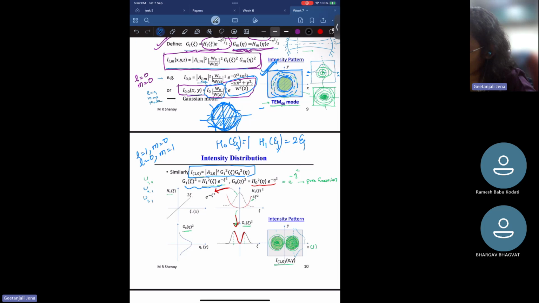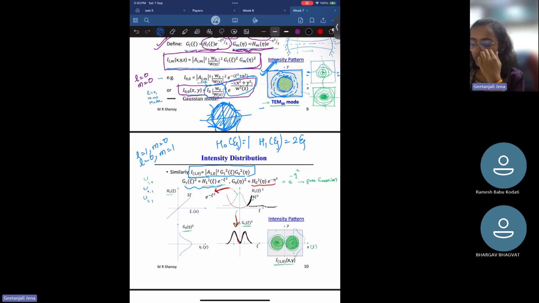This 4 zeta squared will dominate, because the other one is decaying monotonically, right? The only dominating factor is 4 zeta squared. So that means the field will again increase. Now it will decrease again on both sides, because after some time it will eventually be 0.